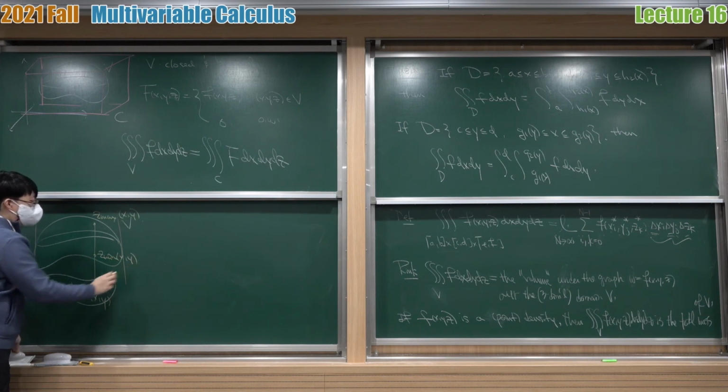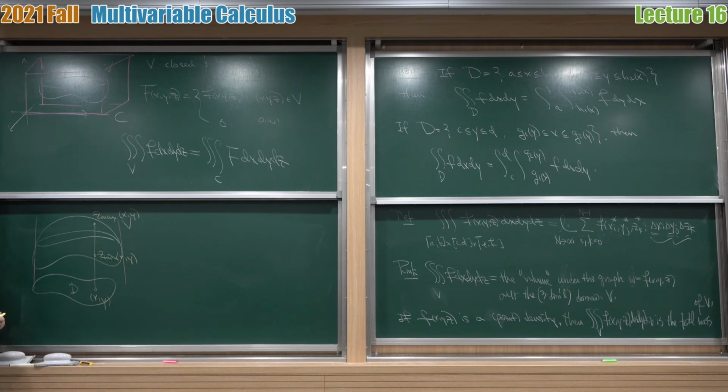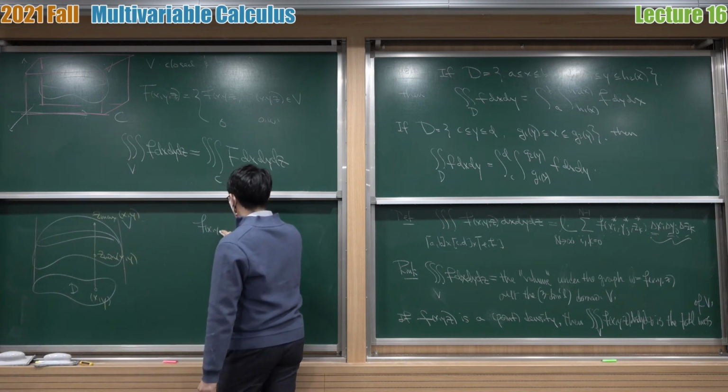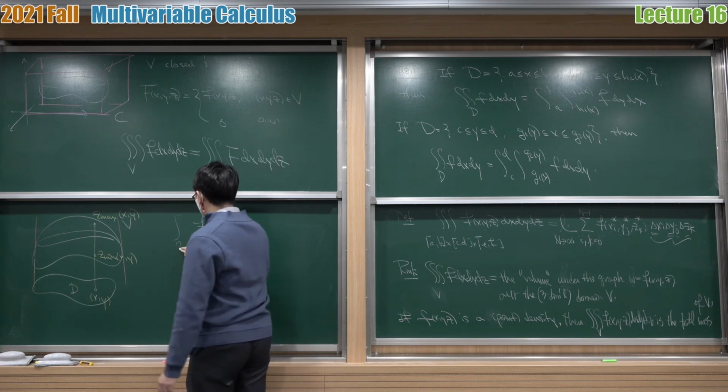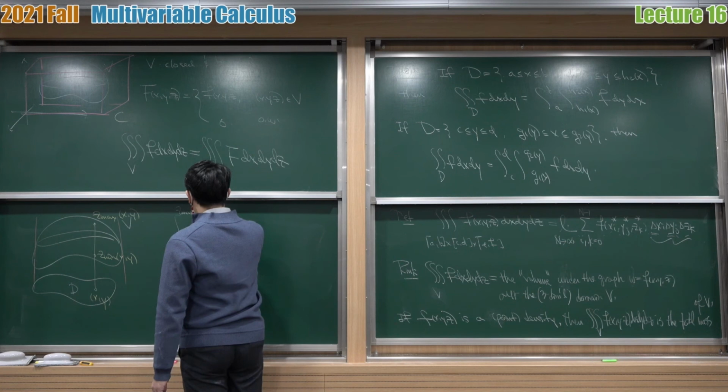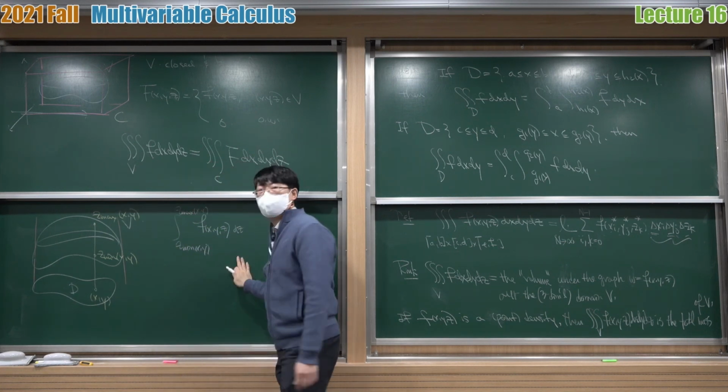If I change my x and y, they change. But what do I get when I take the integral over z min to z max of the function? What do I get here?